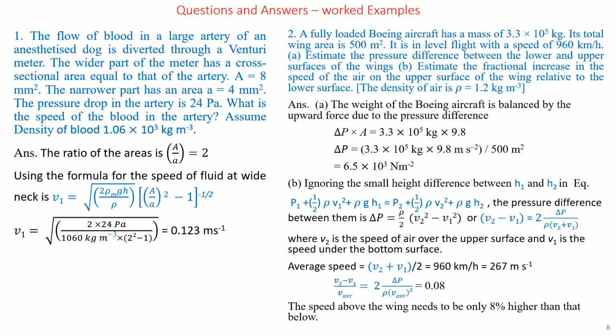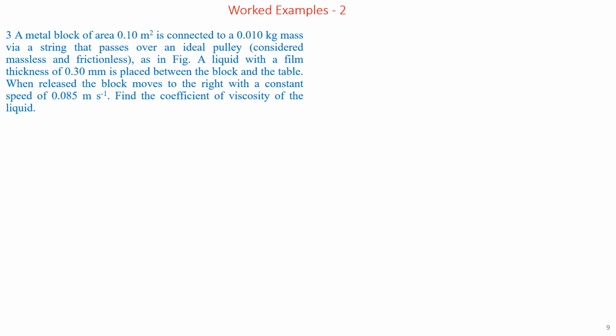Next question. Now we will take up another word example. Question number 3. A metal block of area 0.10 meter square is connected to a 0.010 kg mass via a string that passes over an ideal pulley, considered to be massless and frictionless, as shown in the figure below.